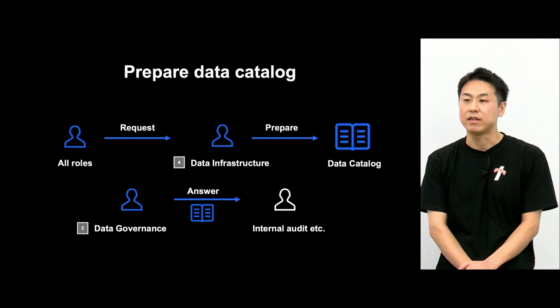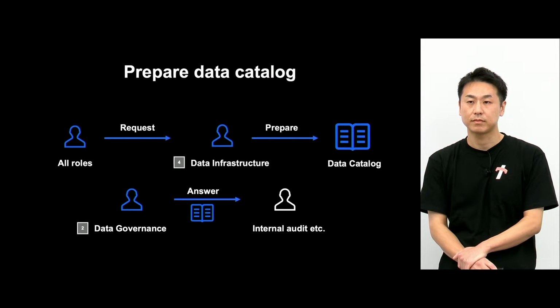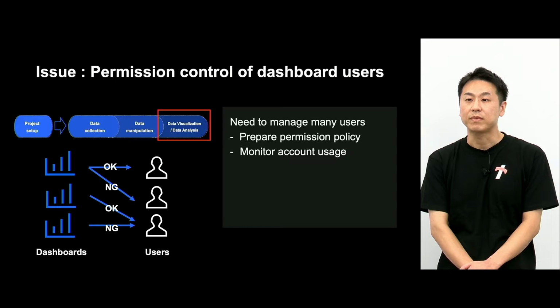And the next challenge during data visualization and analysis was the issue of managing the authorization of users to view the output. It's necessary to determine who is allowed to view. And next, the issues for analysis and visualization about the user's rights management. For each dashboard, you need to judge who is allowed to access it so that we can manage rights appropriately.